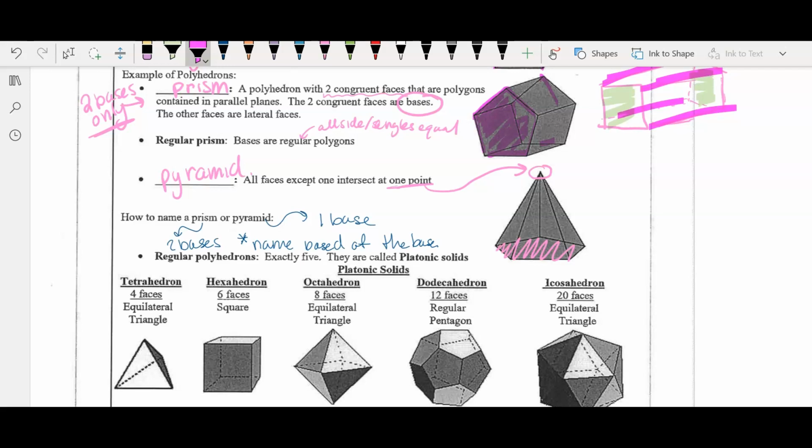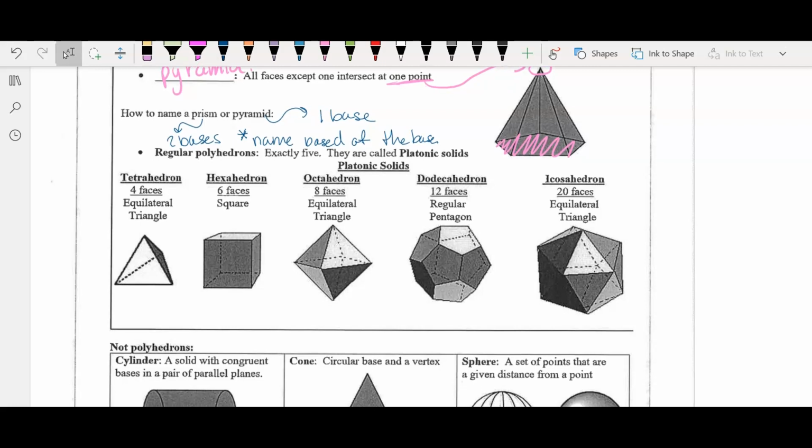it's a pentagonal prism. Here are some examples of regular polyhedrons. There are exactly 5. Here we have a tetrahedron. It has 4 faces, with an equilateral triangle down below as your face. We have a square hexahedron, then an octahedron, dodecahedron, and so forth.